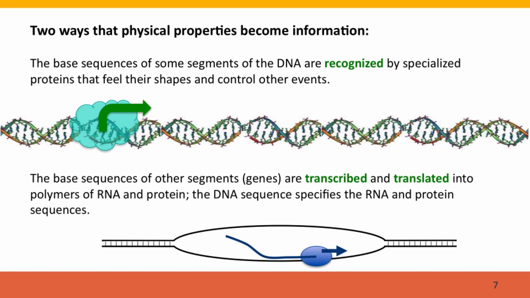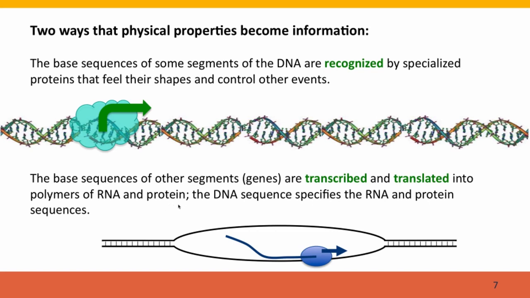Now, the base sequences of other segments code for protein. And the way they do that is that they undergo processes called transcription and translation into other polymers, the informational polymer RNA, which we'll describe in the next lecture or the one after, and protein.